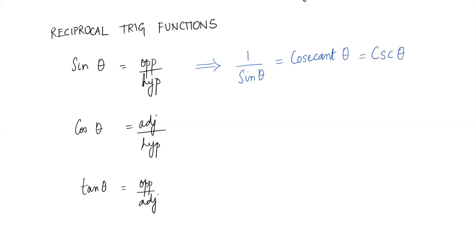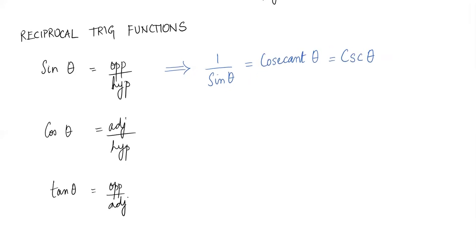We want just three letters, so it is CSC, cosecant theta. You can't read it like cos or tan. You have to say cosecant. It's kind of hard to pronounce it otherwise. If cosecant theta is the flip of sine, then opposite over hypotenuse becomes hypotenuse over opposite.